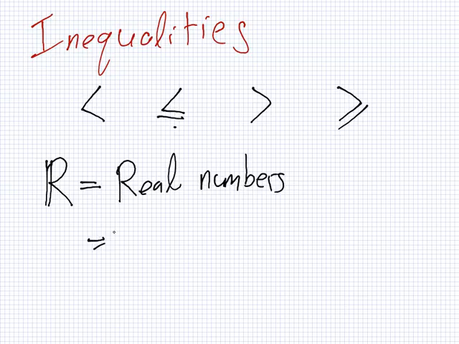That's some of them, yeah. Basically, yeah. Real numbers, well, they're all the numbers from minus infinity to infinity. So, all of these numbers on the number line.